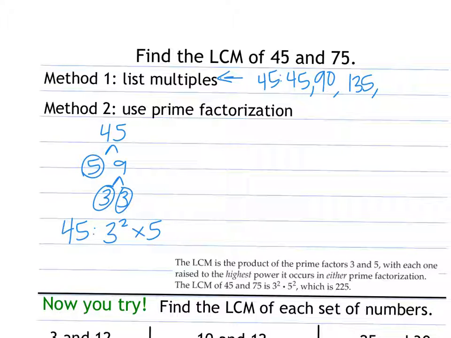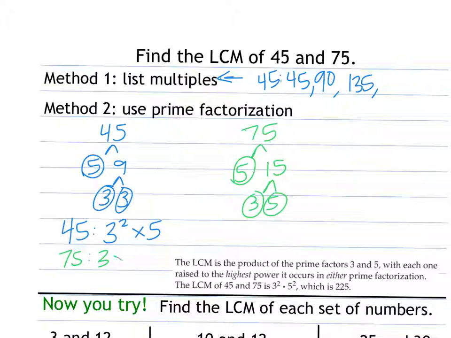Now we do the prime factorization for 75. Well, 75 would be 5 and 15, 5 being prime. 15 would be 3 and 5. So 75, again, write this with exponents: 3 times, and now 5 shows up twice, so we write it 5 squared.